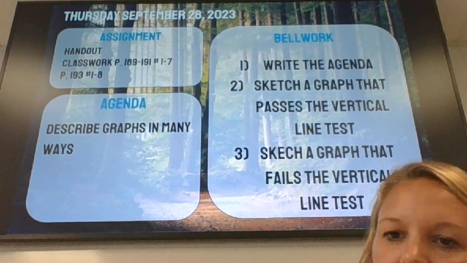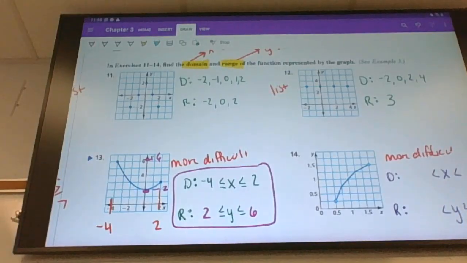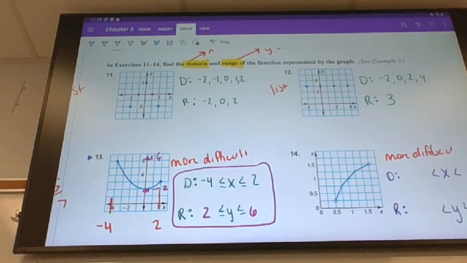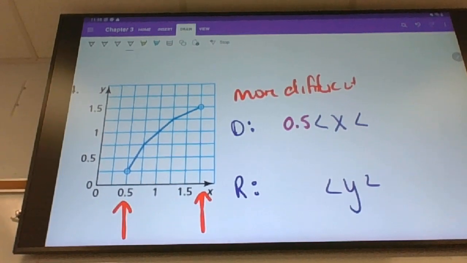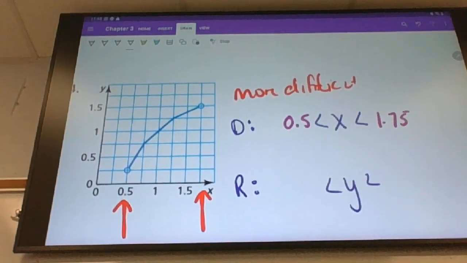All right, I need to check your assignment. Okay, so when I look at the x-axis, it goes from 0.5 to, I think that's 1.75. So it's going from 0.5 to 1.75.